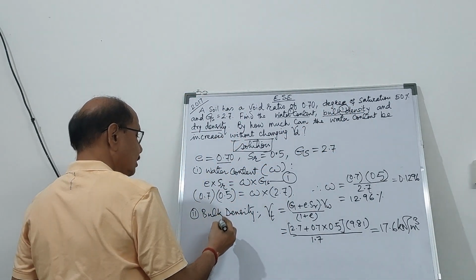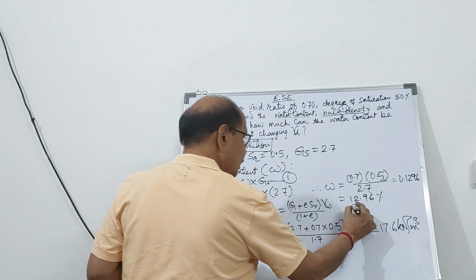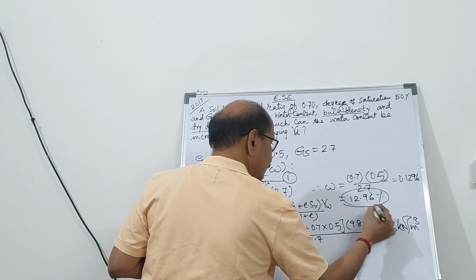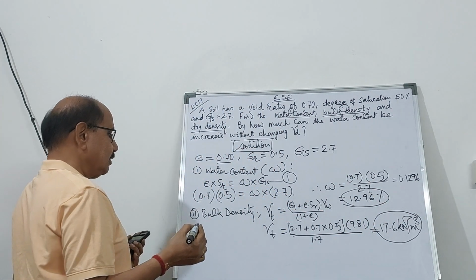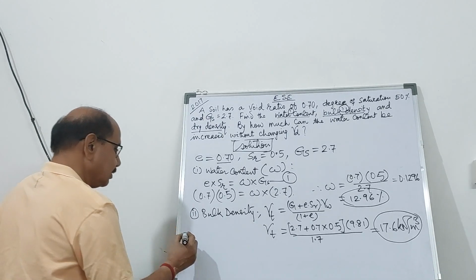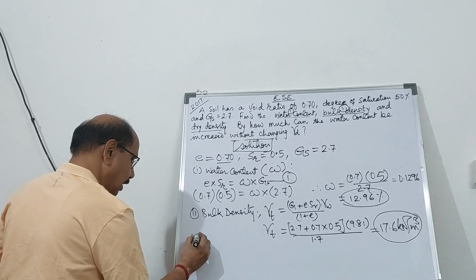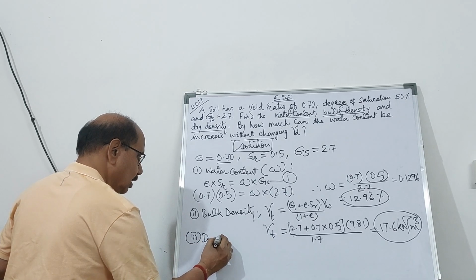So the second part, the answer is gamma T. This is the first part, this is the second part. Gamma T we have calculated. And now the third part is dry density. So calculate dry density.